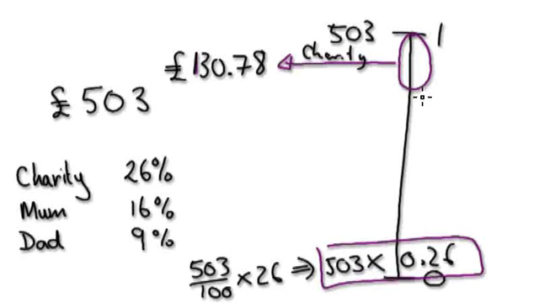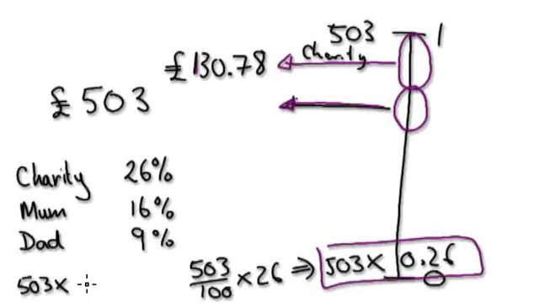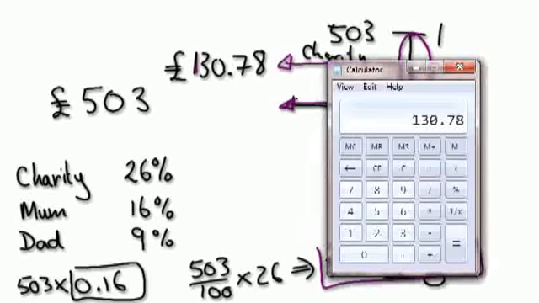Now it's 16%. Let's just convert it inside our head. So 16% of the original is 503 times 0.16. Hang on, calculator.